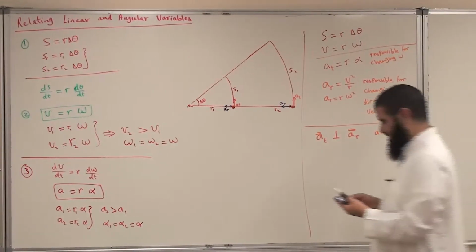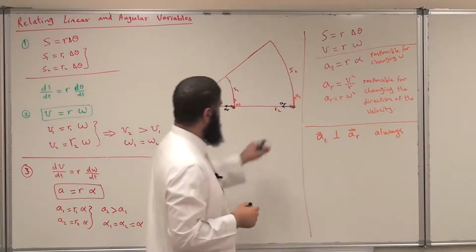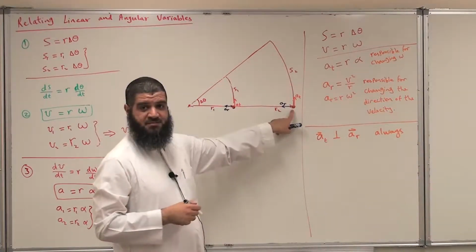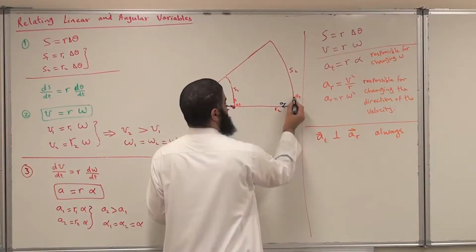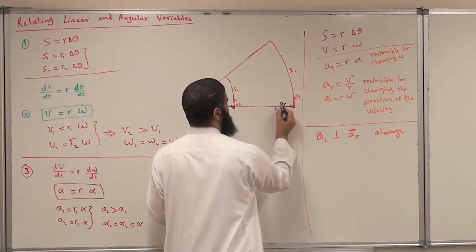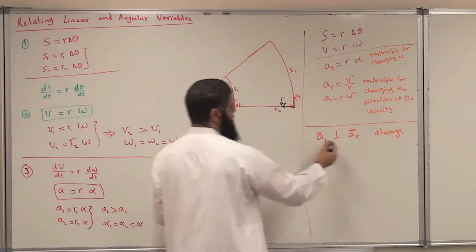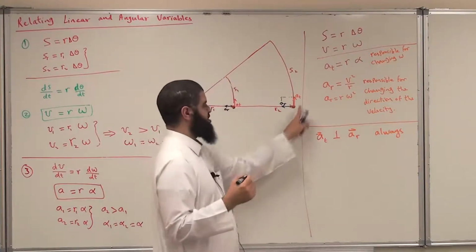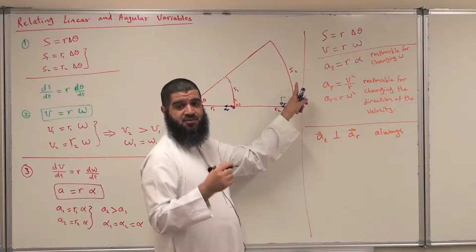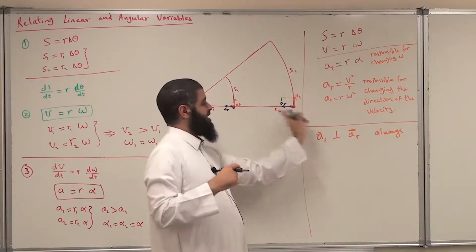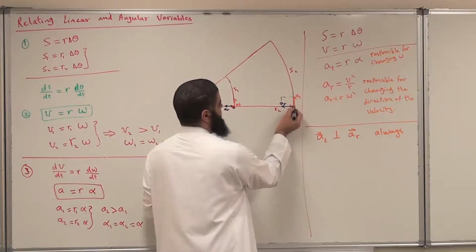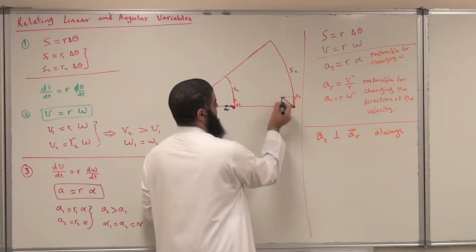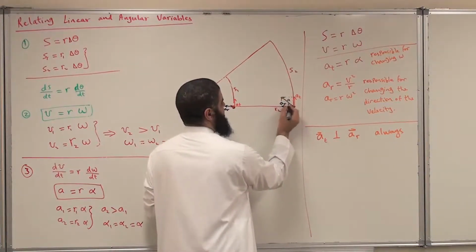Okay, what is the resultant acceleration for any point? Let us assume here for this point, what is the resultant acceleration? We can use the addition of vectors. So I have these two vectors which are perpendicular to each other, A tangential, tangent to the circular path, and A radial, which is toward the center. They are perpendicular, and this is the resultant acceleration for this point.